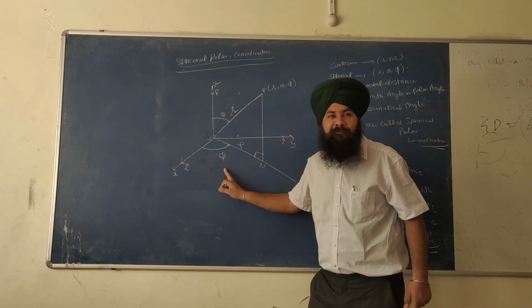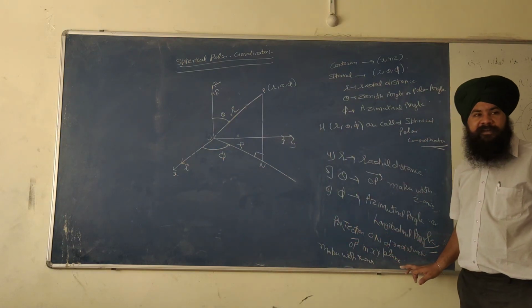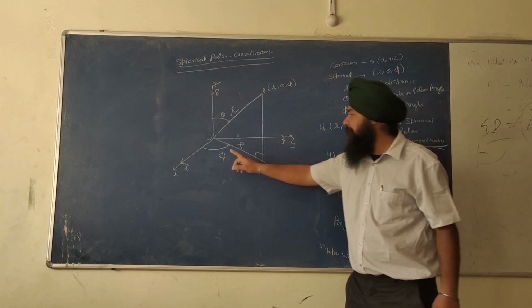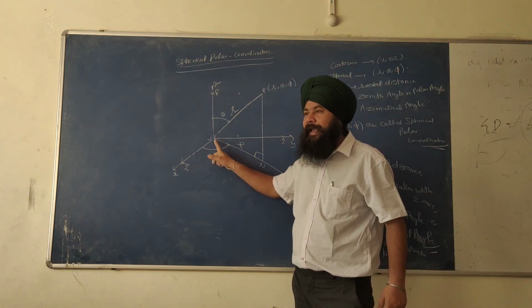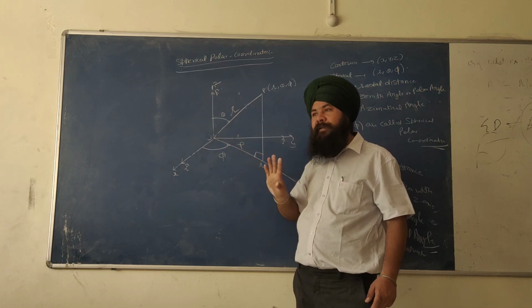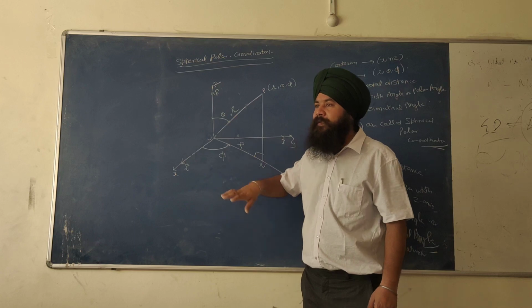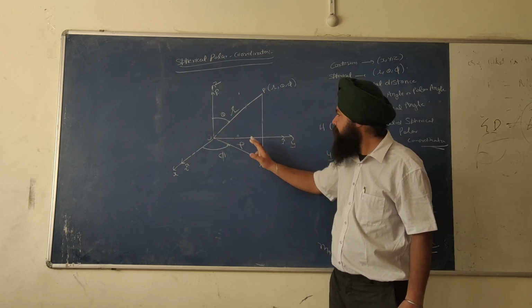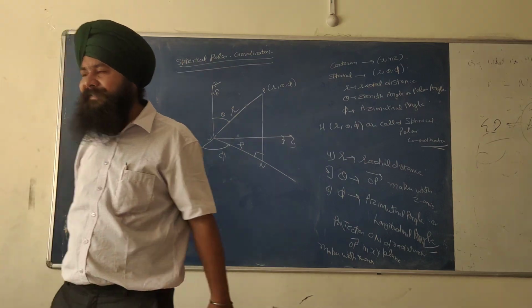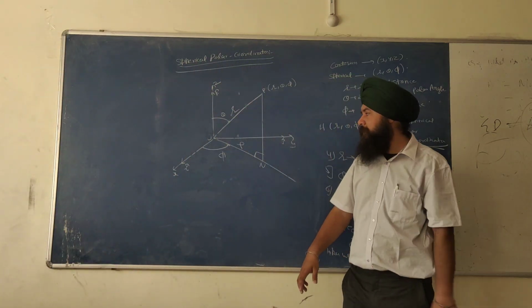So what is phi? Phi is the angle between, ध्यान दो इधर, x-axis and projection ON. Simple. And projection ON is the projection of OP. ऐसे कहिए आप. Again मैं दोबारा बताता हूँ.